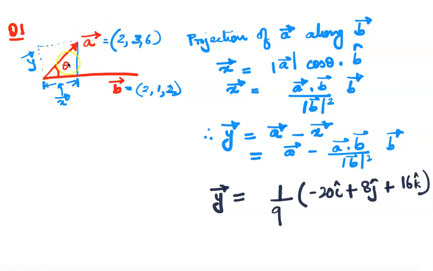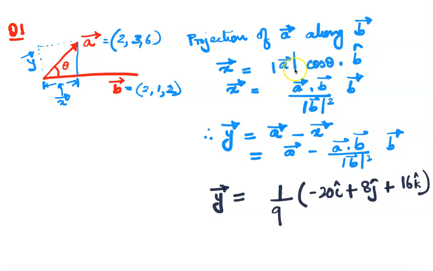Now we know that the projection of a vector along the b vector, which I'm calling the x vector, is given by a cos theta in the direction of the b vector. So basically a cos theta times b cap.